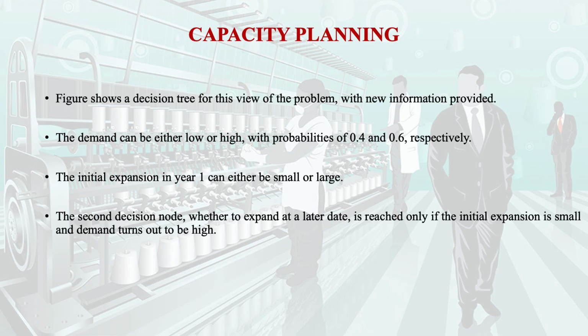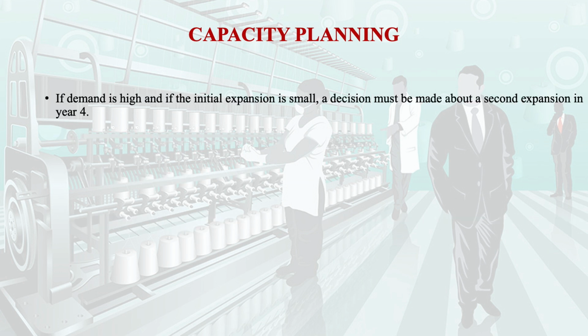If you recall the second decision node, whether to expand at a later date is reached only if the initial expansion is small and the demand turns out to be high. If the demand is high and if the initial expansion is small, a decision must be made about a second expansion in year 4.